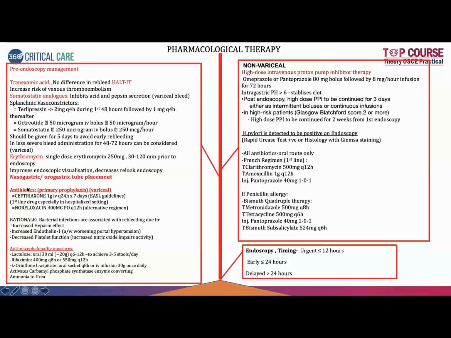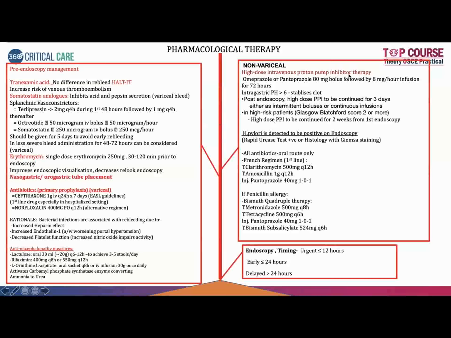So this is why you need to provide antibiotics, not just because of systemic infections, but also because of these causes. And ensure the anti-encephalopathy measures are also given to the patient.